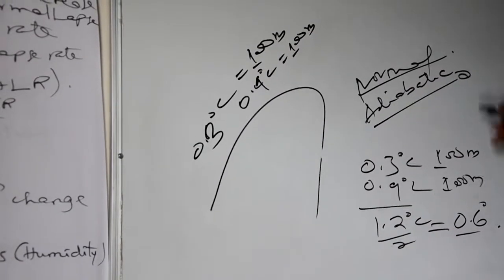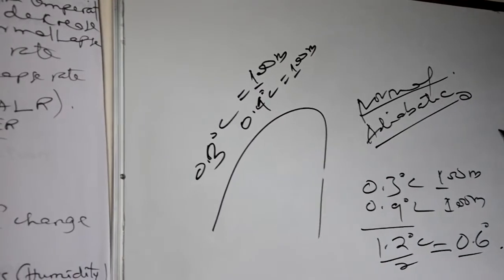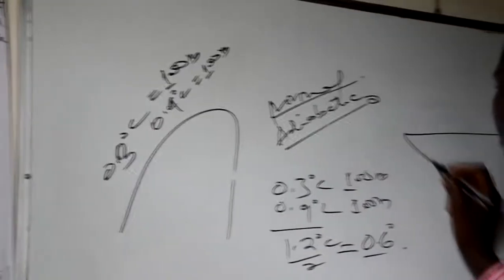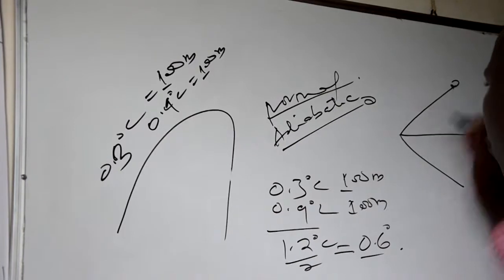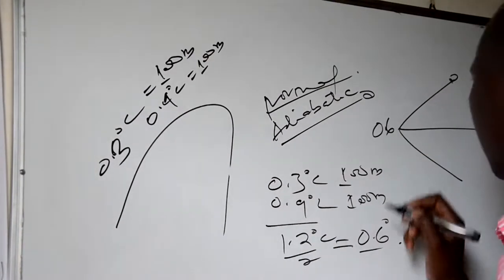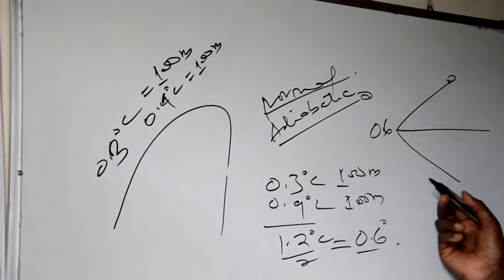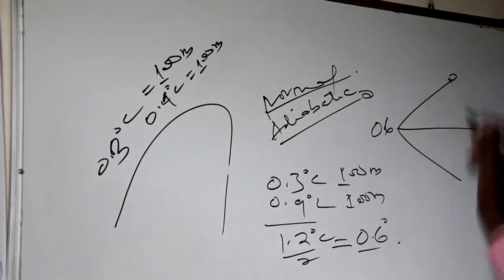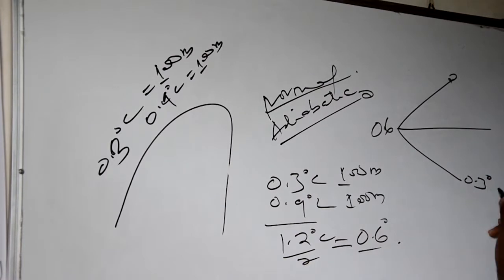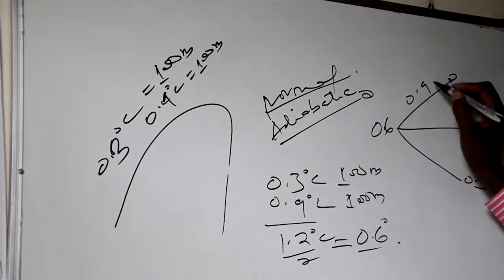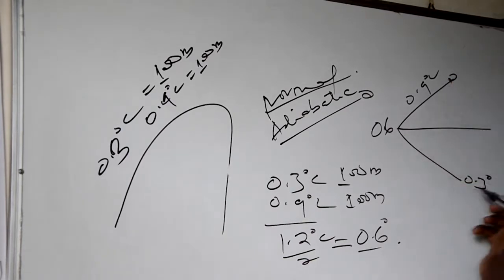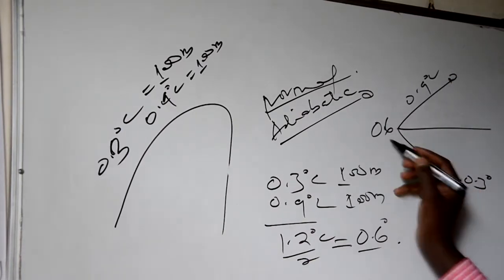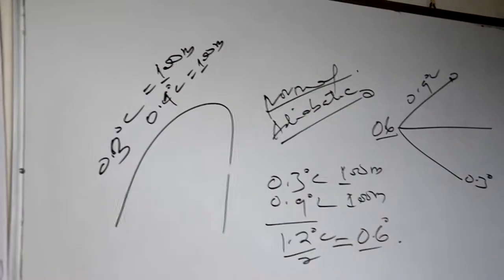Adiabatic lapse rate is when the temperature falls either below or above the normal lapse rate. You have to remember that the normal lapse rate comes from the average of the adiabatic lapse rates, which are 0.3 degrees centigrade and 0.9 degrees centigrade. When you sum up and average, you obtain 0.6 as the normal one.